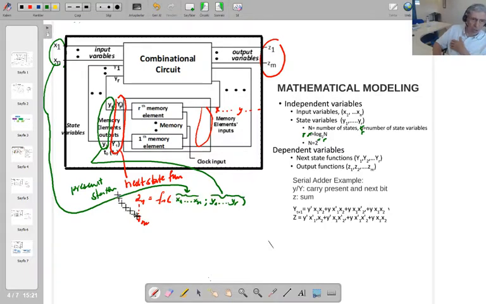It goes like that up to function m. These functions are called output functions.